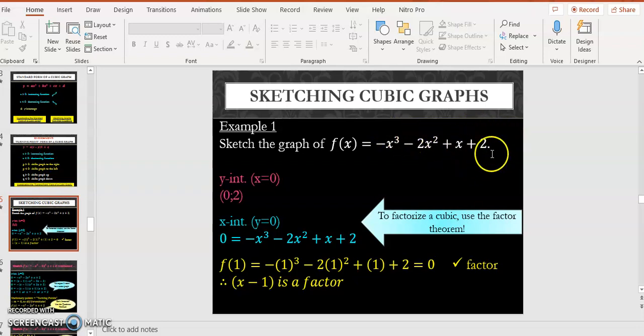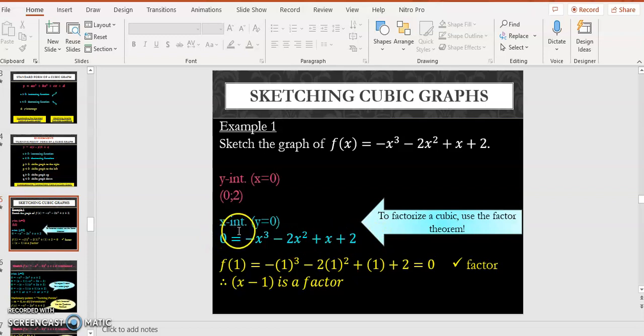There's no need for us to even calculate. You can find it here. So the 2 becomes the y value of the y-intercept. So the y-intercept is going to be 0, 2.